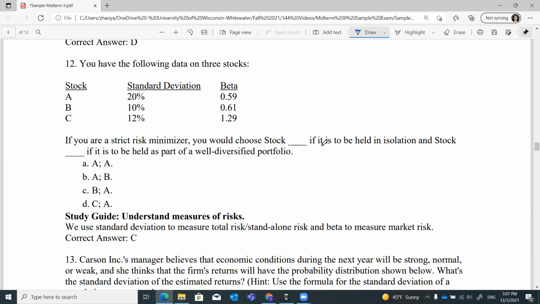In this case, if a stock is to be held in isolation, we're gonna choose the stock with the lowest standalone risk. And we're gonna hold the stock with the lowest beta if we want to include it in a well-diversified portfolio.